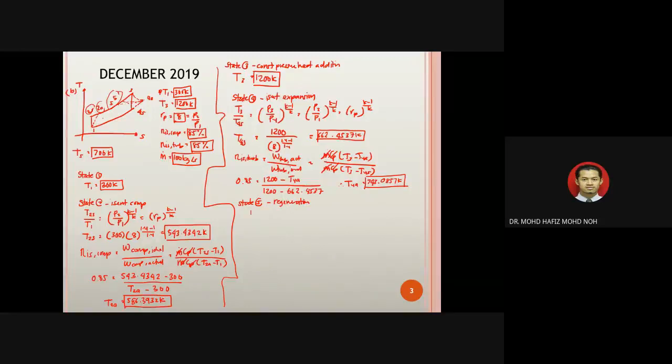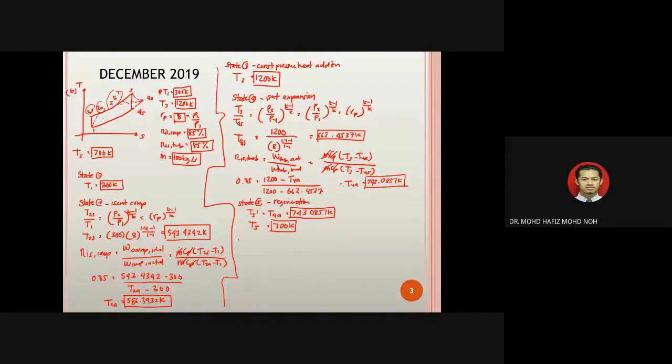T5 prime is equal to T4 actual in this case, which is 743.0857 Kelvin. And you don't have to calculate T5 because it is given, which is 700 Kelvin. So you have found all the properties, and now you can start answering the questions.